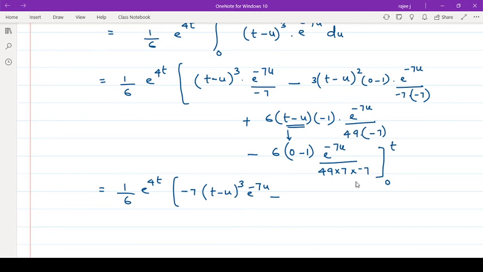minus, now here minus minus plus, into minus minus, minus and minus becomes plus here, plus 3 into (t minus u) the whole square into e raised to minus 7u, over 7 sevens are 49, then plus 6 divided by 49 into 7, 49 into 7 is 343.